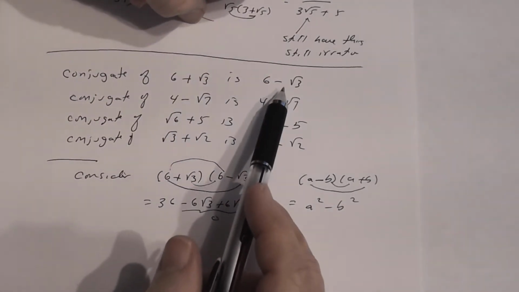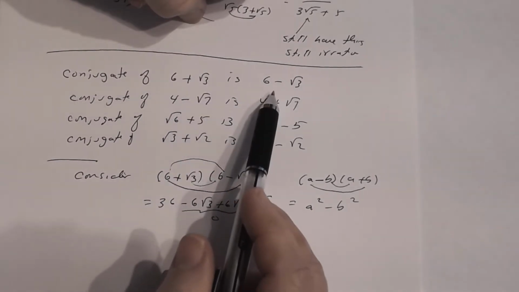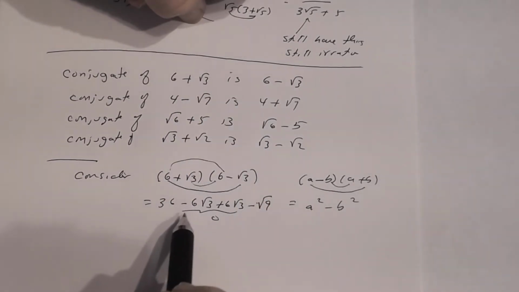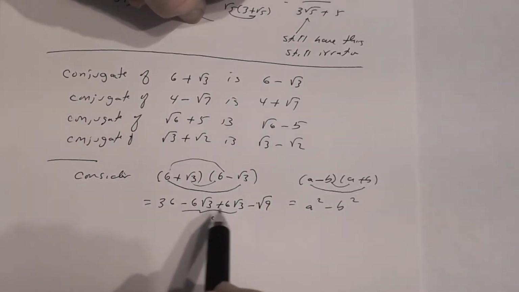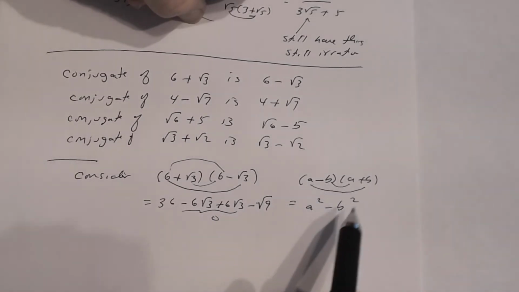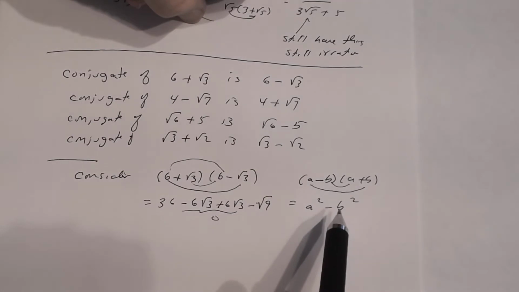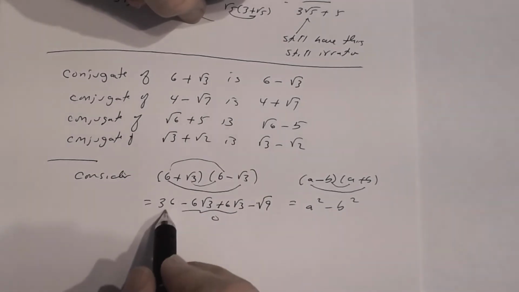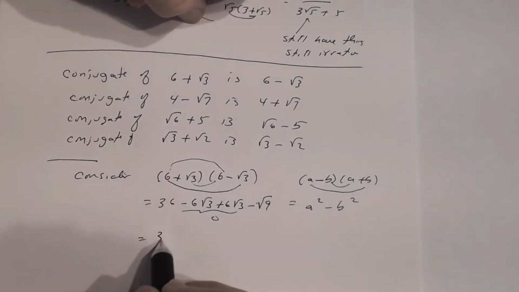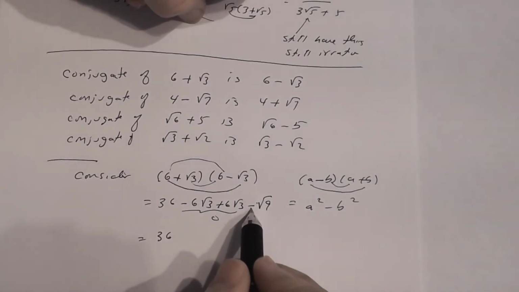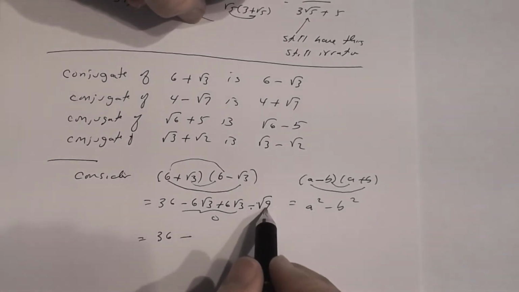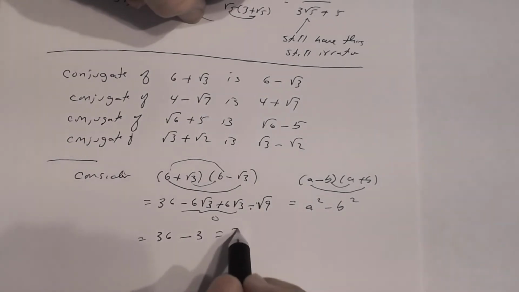Those are opposites. And whenever you multiply two binomials that contain radicals, the outer and the inner will always add up to be 0, just like it did when you talked about polynomials in a previous lesson. Okay, so basically all you have then would be 36 minus, and the square root of 9 is 3, so you get 33.